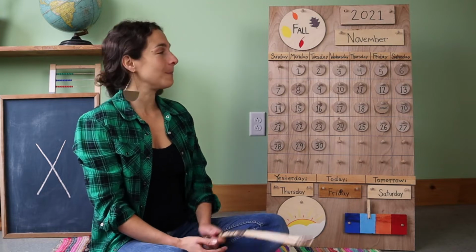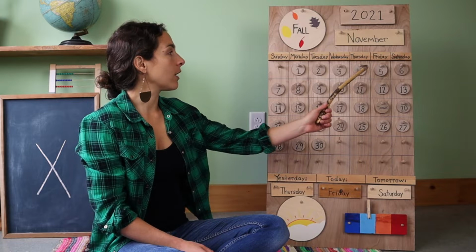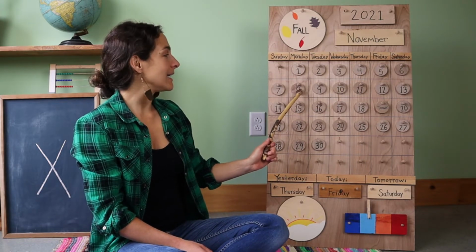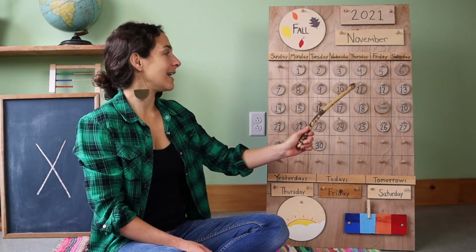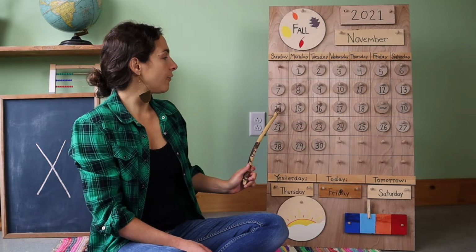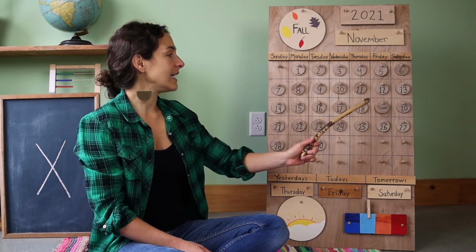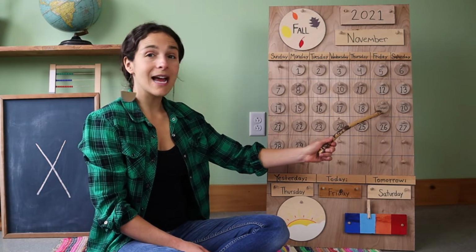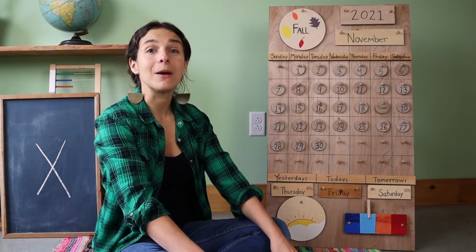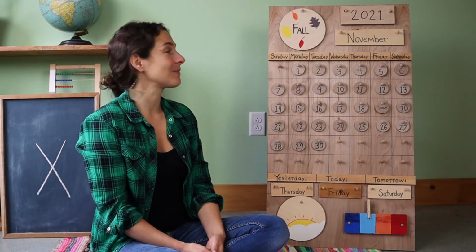And now let's count. 1, 2, 3, 4, 5, 6, 7, 8, 9, 10, 11, 12, 13, 14, 15, 16, 17, 18, 19. We've had 19 days so far in the month of November. The month of November is almost over.